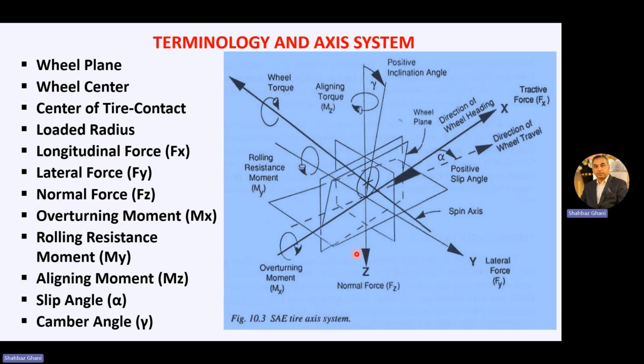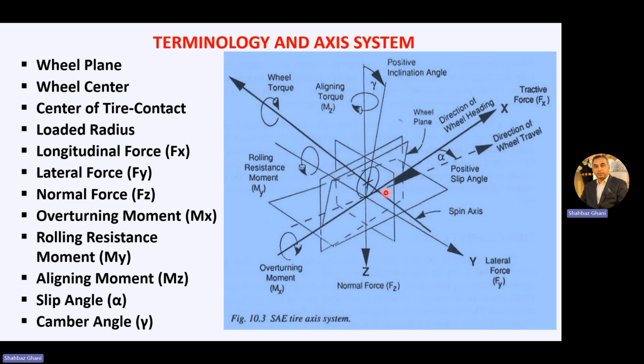Now coming towards the normal forces, which act normal to the plane, that is in z direction. So going downward, this is normal force Fz, and aligning torque Mz in the z plane. So we have covered the wheel plane. This is your wheel plane.